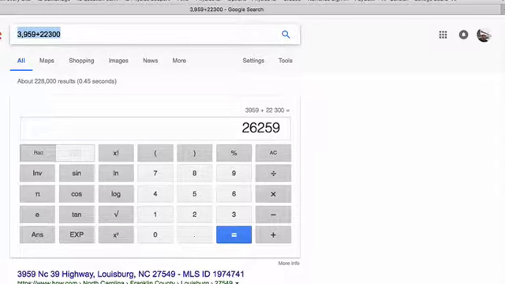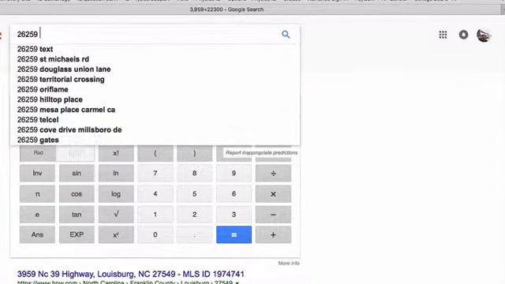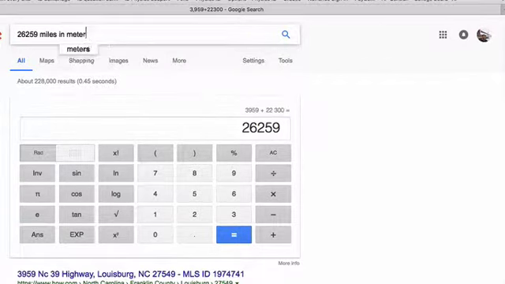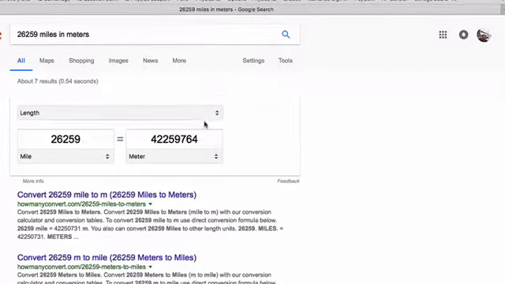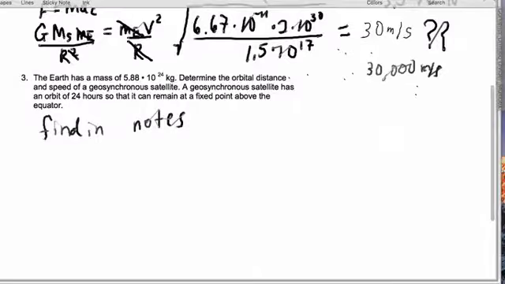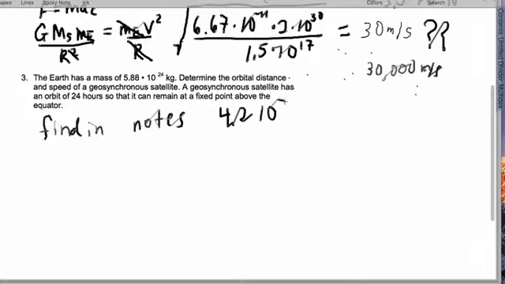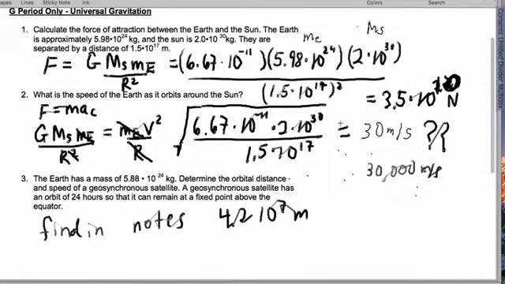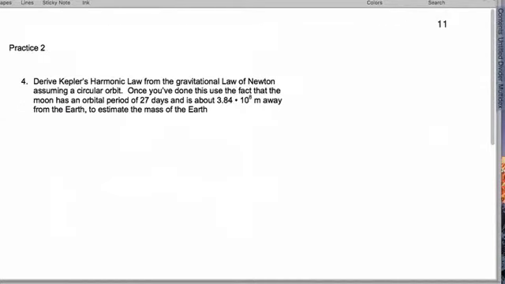So you should end up getting, when you get the answer, about 4.2 times 10 to the 7th meters. Around that number. And we can double check that together in class too.